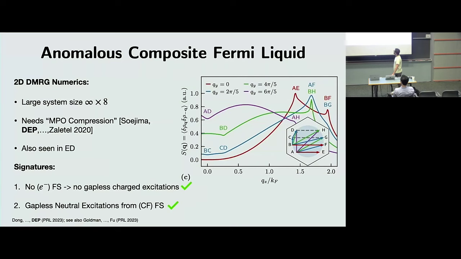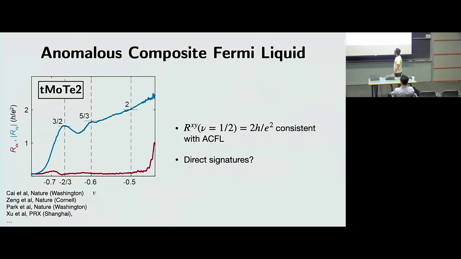And in the experiment that came out after our work, we see signatures consistent with that. We see the Hall conductivity going through exactly 2h over e squared at half filling, or almost exactly. That would be what we would expect from a composite Fermi liquid at zero magnetic field.